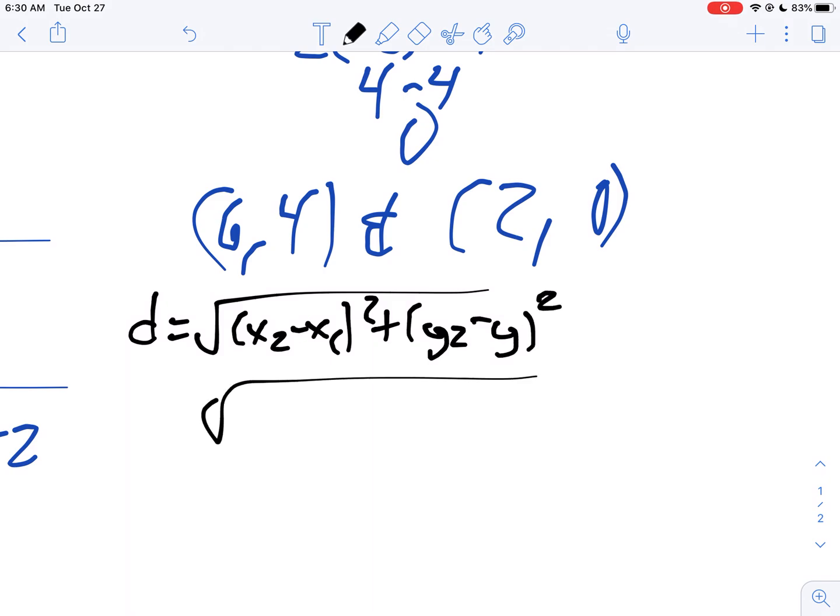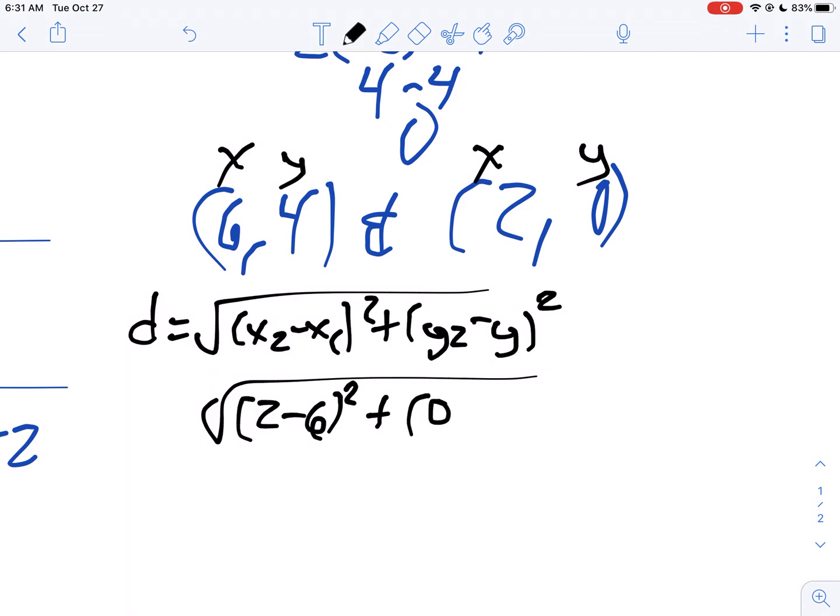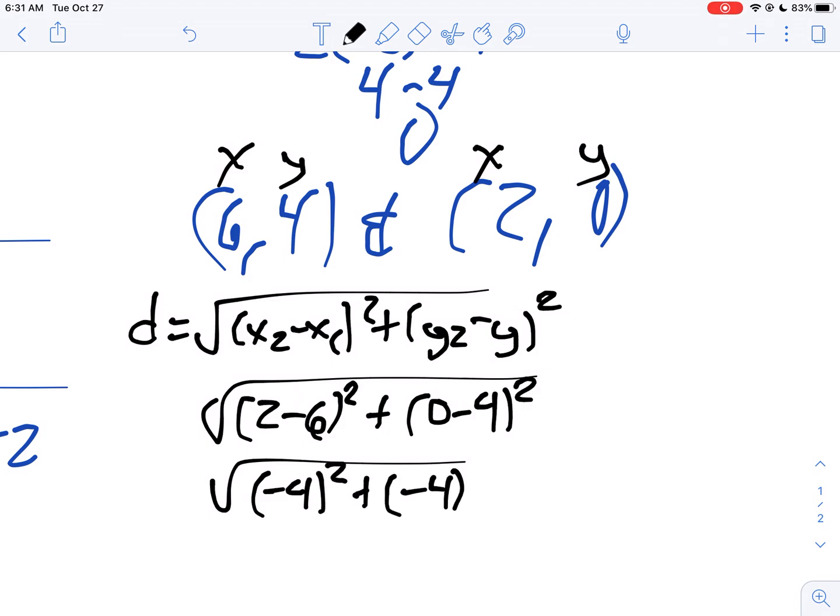I'm going to call my second point negative 2, 0. Remember, it goes x, y, x, y. So negative 2 minus 6 squared is my x's, and then 0 minus 4 squared. Well, negative 2 minus 6 is negative 8, and 0 minus 4 is negative 4.